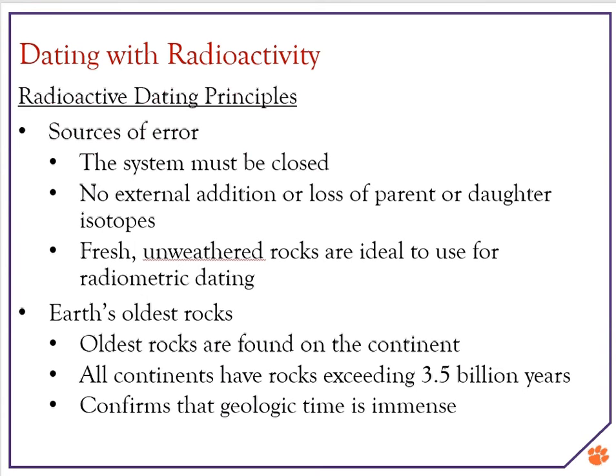And we know that the oldest rocks are found on the continents by using this method. All continents have rocks exceeding 3.5 billion years old. And the nice thing about this radioactive dating process is actually it helps us to confirm the geologic time.